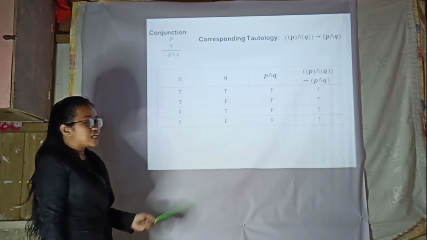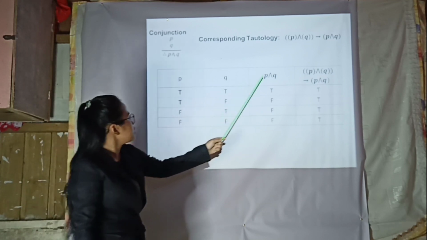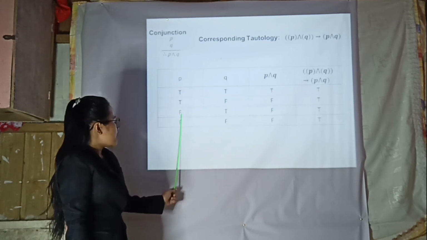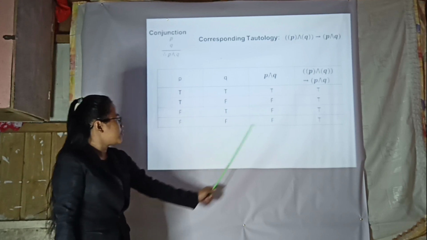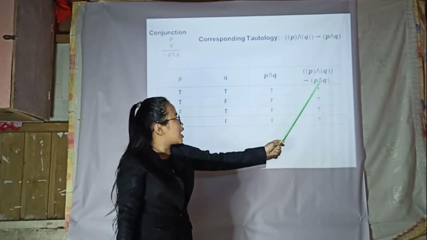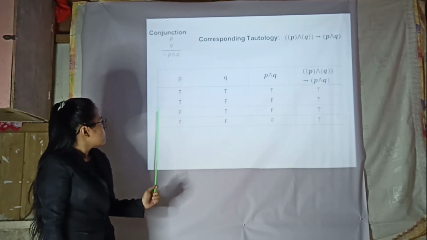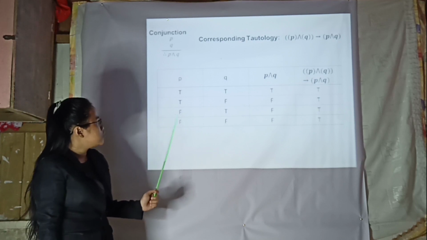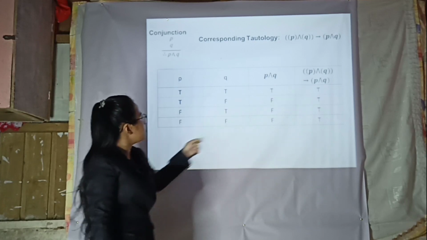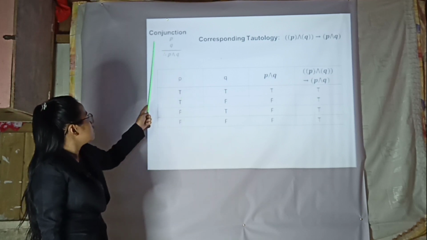In Q, 2 divided by 2 equals 1, so true, false, true, false. Then P and Q implies P and Q. This truth table represents the third rule of inference, which is the conjunction.